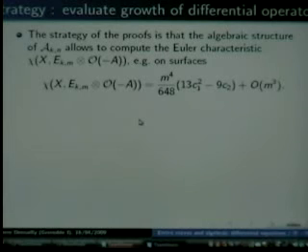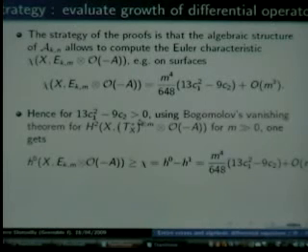Then the strategy is to compute Euler characteristics. Because we know the geometry of the bundle, we know the Chern classes, so we can compute the Euler characteristic. And the Euler characteristic gives the alternate sum of dimensions of cohomology, so H0 minus H1 plus H2, etc. It turns out that for surfaces, you can show easily that H2 vanishes.